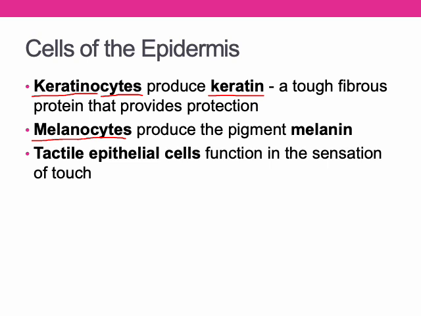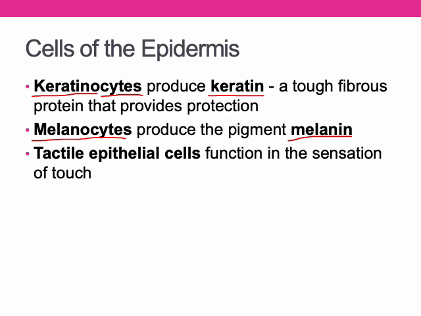Melanocytes produce a pigment that protects the body from UV light, and this pigment is melanin. So melanin plays a key role in protecting us from the sunlight.